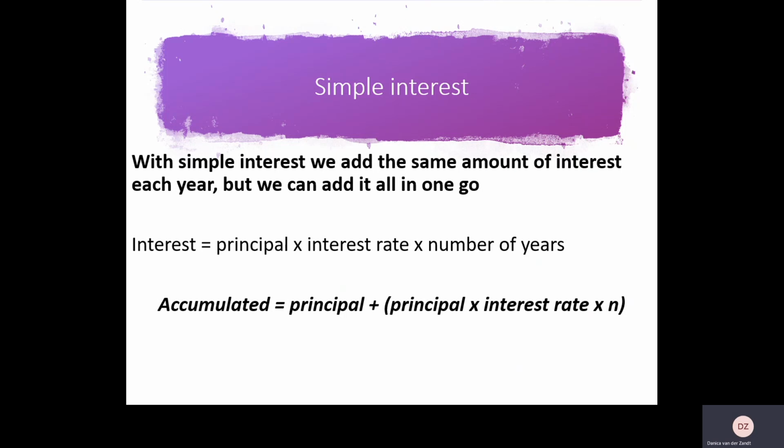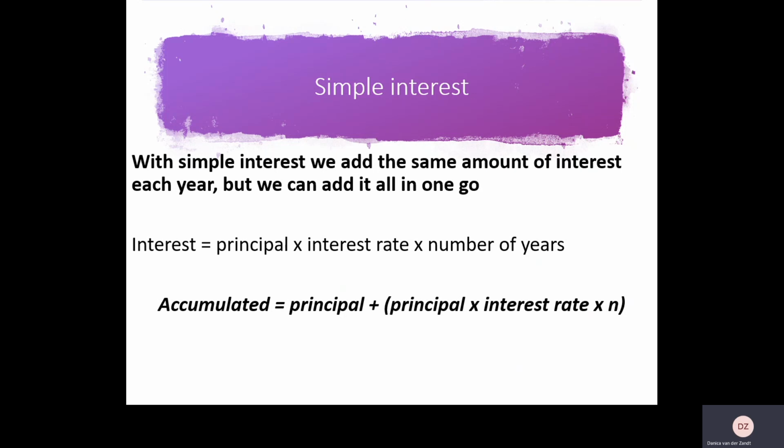So the same amount of interest each year, but we can add it all in one go. So the interest would be my principal times my interest rate, which tells me how much interest there is for 1 year, and then I times it for the number of years that I have that loan or that investment. So we get to a point where the accumulated amount is the principal plus the principal times interest rate times the number of years.